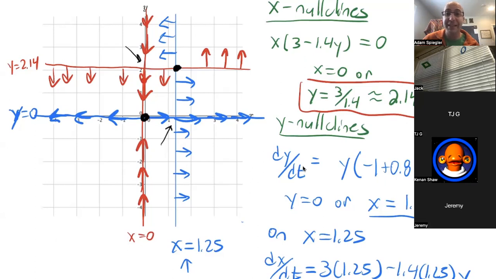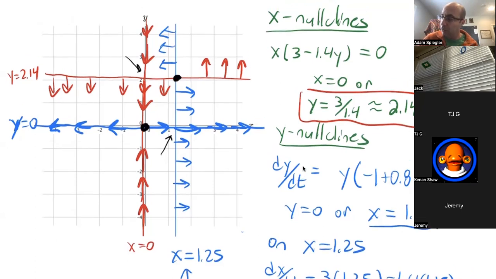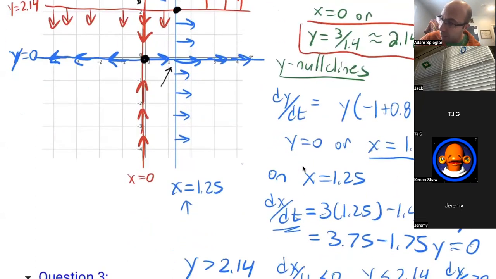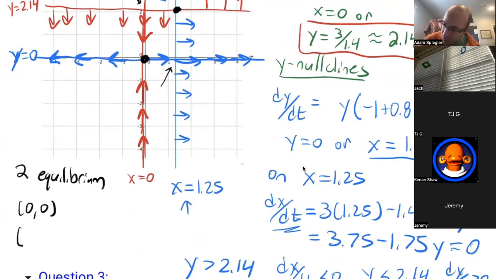We only get dx/dt and dy/dt both 0 when we look at intersections of nullclines of different types, so I need an x-nullcline to intersect with a y-nullcline. So we've got an equilibrium: one at the origin, and the other one at 1.25, 2.14.